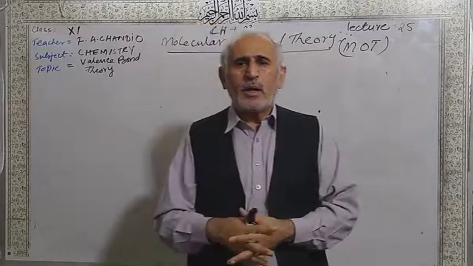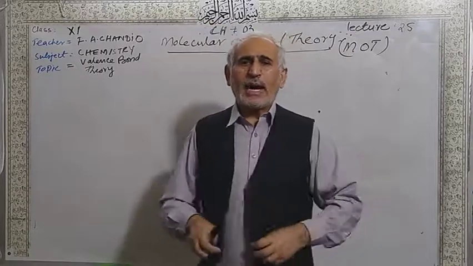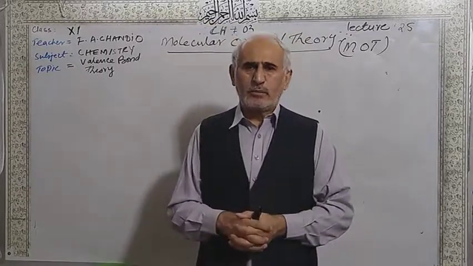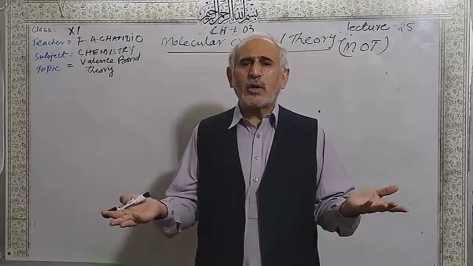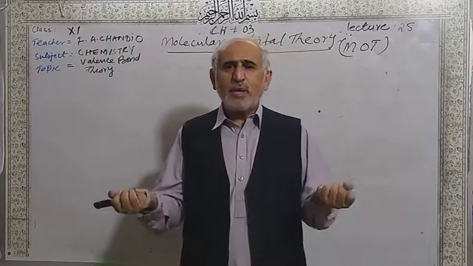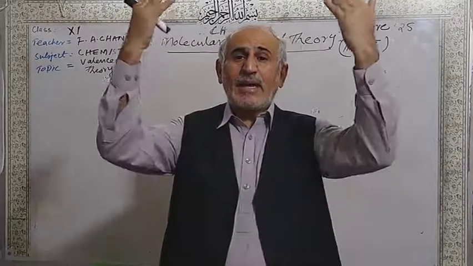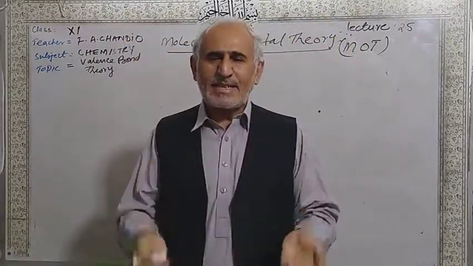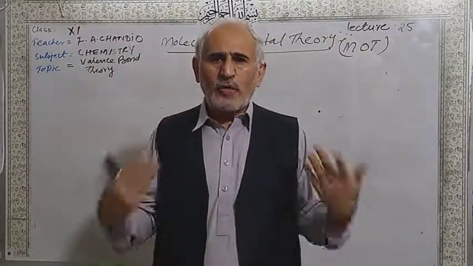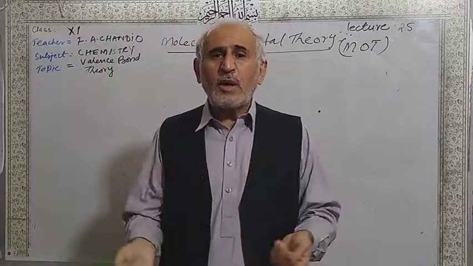The other molecular orbital is called an anti-bonding molecular orbital. This anti-bonding molecular orbital has higher energy, is less stable, has no perfect overlapping, and is a weak bond.